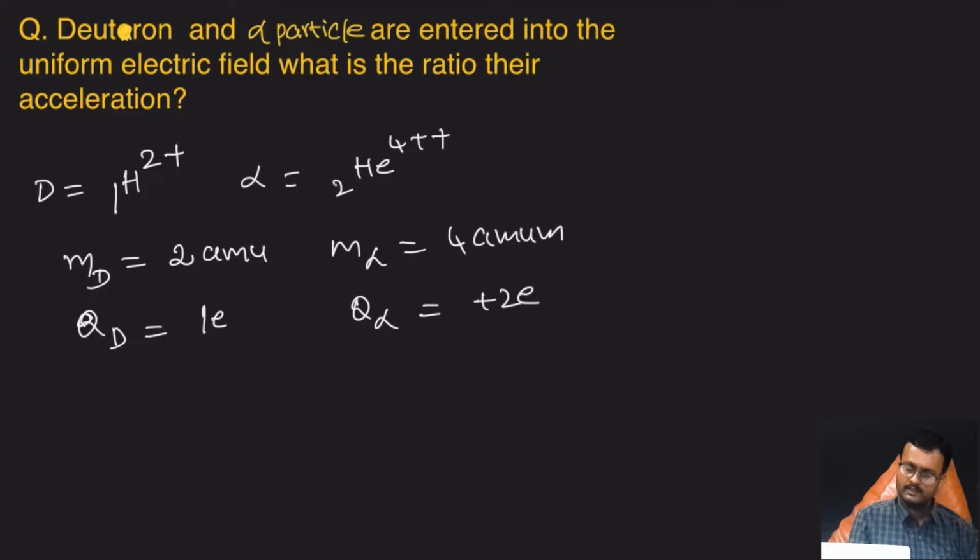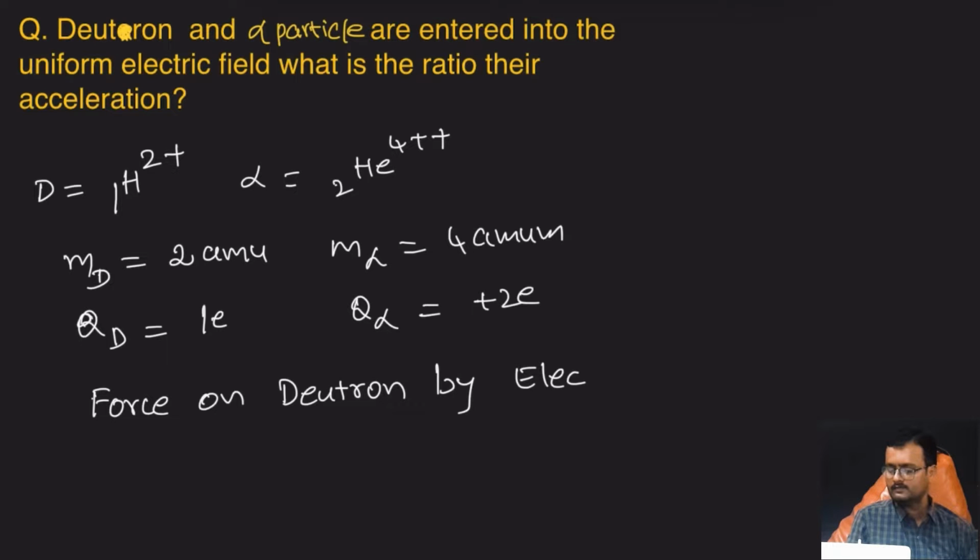Force is created on both. First I take force on deuteron by electric field. So F is equal to Eq. Charge is 1e.